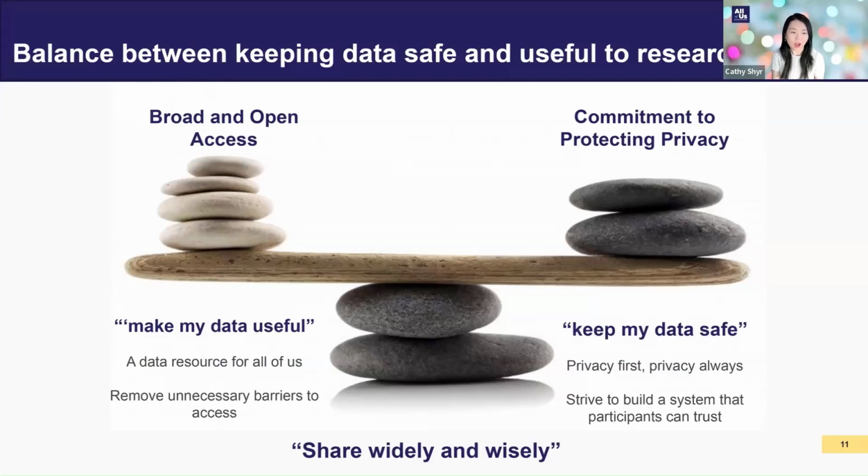So we're thinking about how we can make the data useful by removing unnecessary access barriers and technological barriers. At the same time, we also want to honor our commitment to protecting participant privacy, because privacy is really at the core of what we do here at the Data Research Center. And so we really strive to build a system that the participants can trust and continue to be willing to share their data with the program.